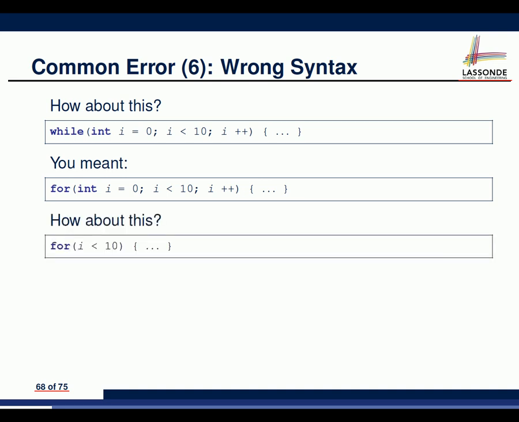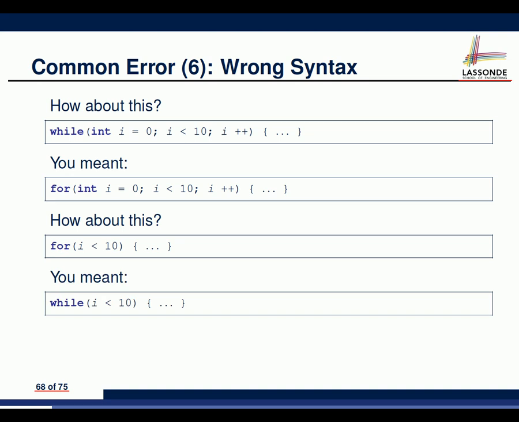How about this? Similarly, this for loop here has only 1 part. Again, it's wrong, just in a symmetric way. This is not really what you meant. Maybe what you meant to say was while. However, as we discussed previously, for the for loop, if you don't want to put any initialization for the loop counter, and you don't want to put any update to the loop counter, you can write something like this.